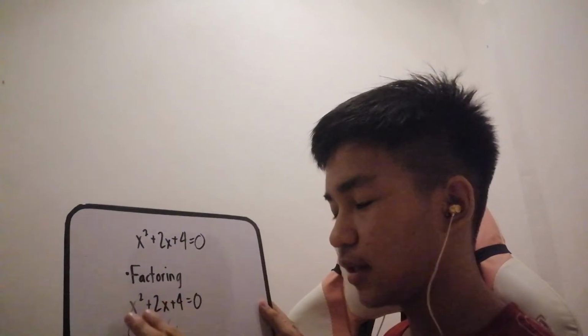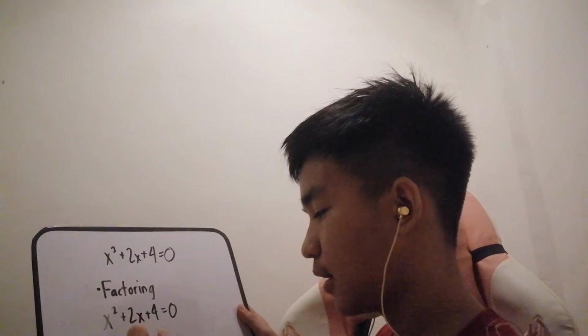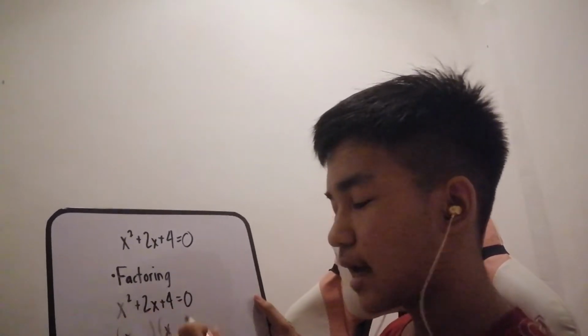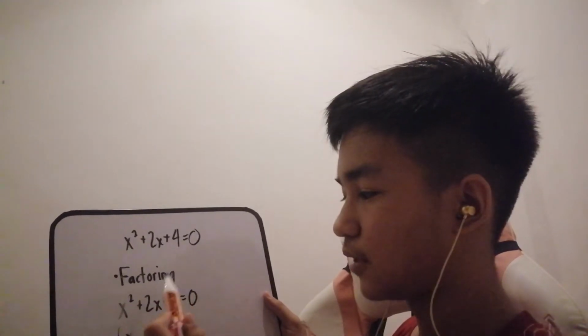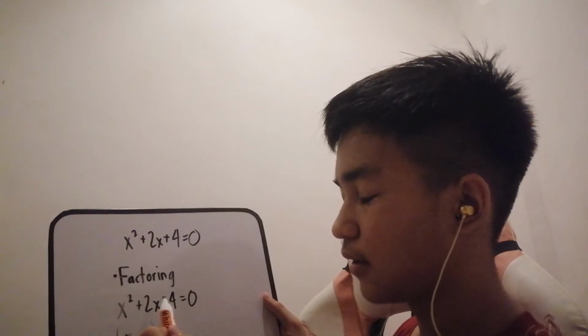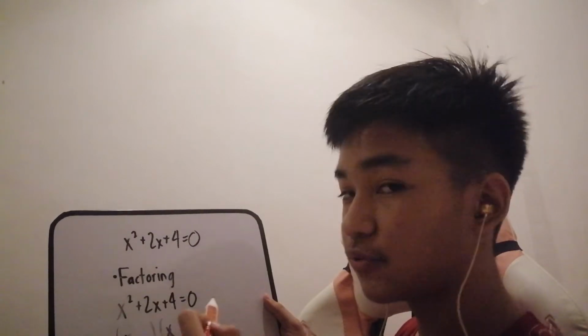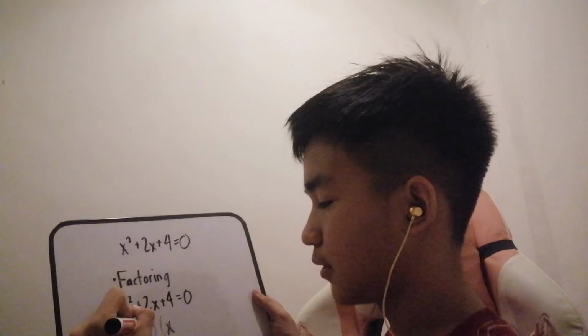So we will split this into 2, so they will have their own parentheses, and then we will add the factor of b and c. So the factor of b is 2 and c is 4. So the factor of 2 and 4 is 2. So we will put 2 here. So it will be x plus 2 and x plus 2.